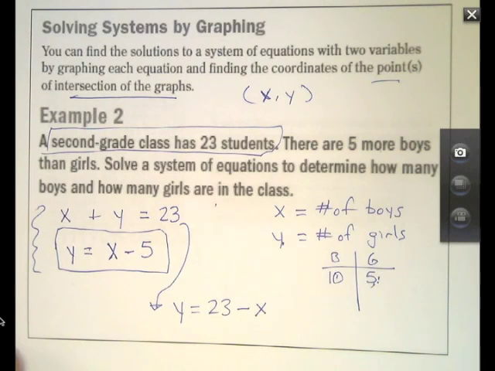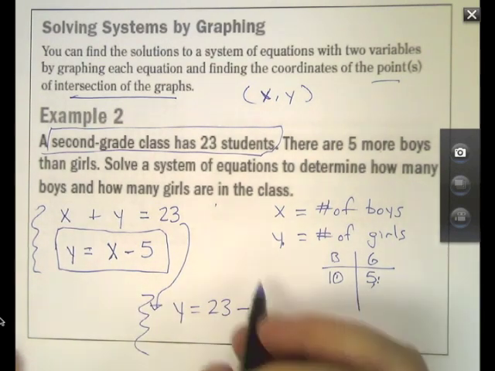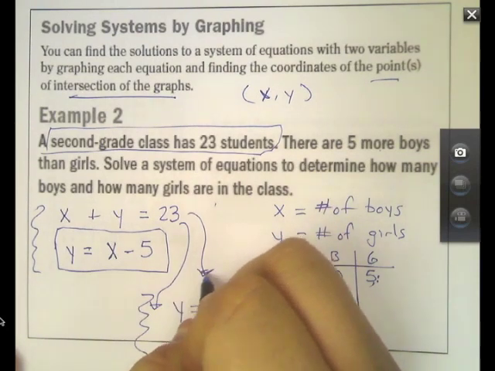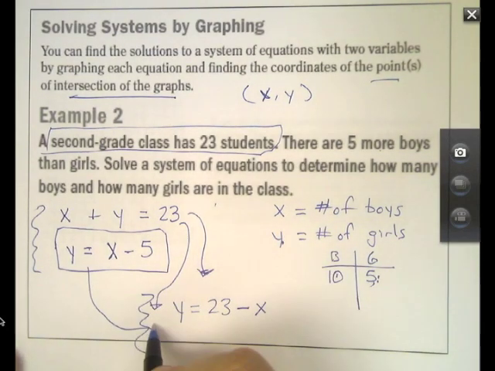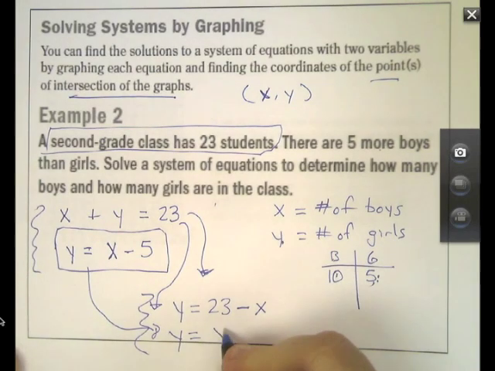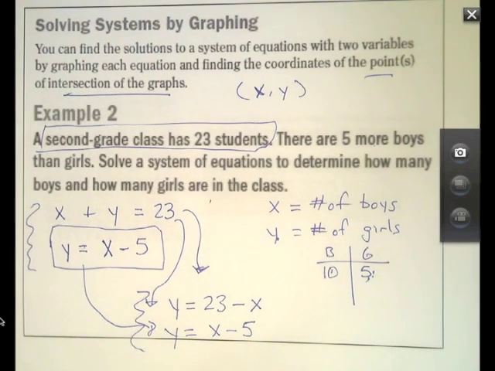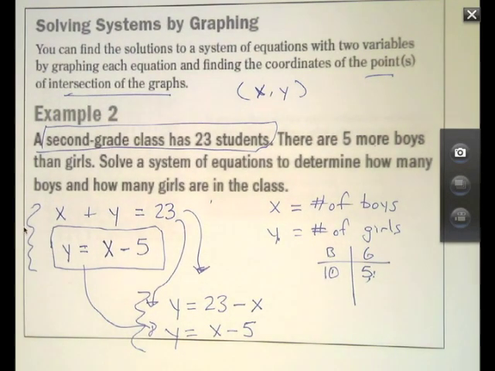My two equations are y equals 23 minus x, and y equals x minus 5, which is already solved for y.